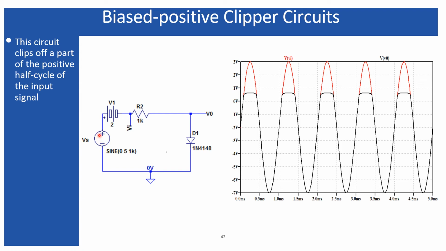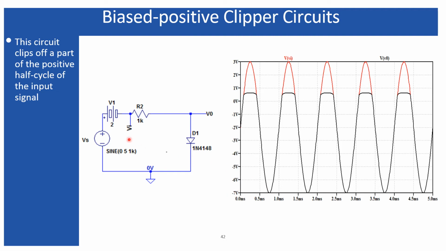So for the positive half cycle of the input AC signal, when it is attaining its positive peak, that is 5 volt, Vi, which is the summation of both of these voltage sources, attains only plus 3 volt, because 5 volt minus 2 volt gives us 3 volt. And when this AC signal attains its negative peak, it matches the polarity of this DC voltage source and you have minus 7 volt for the negative half cycle.